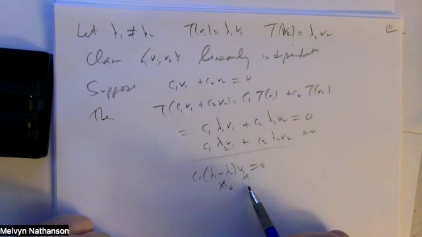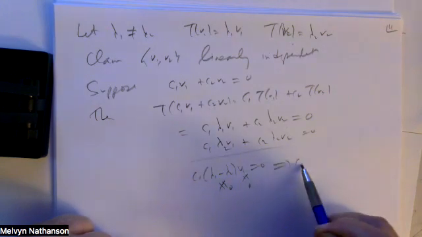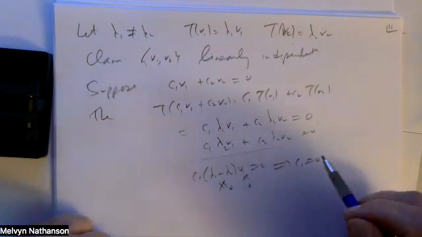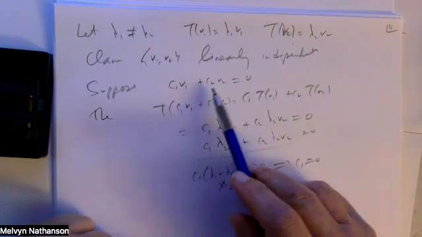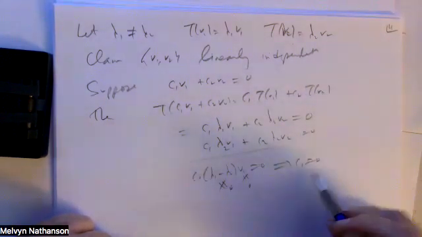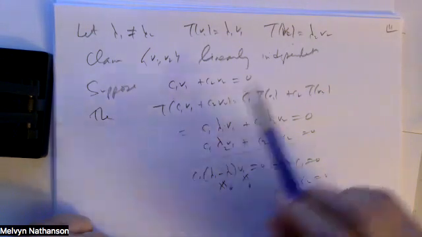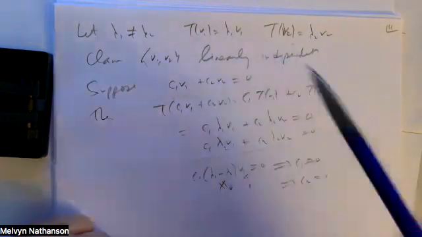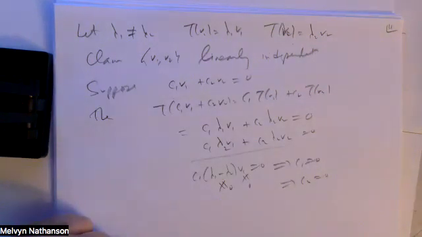V1 is not the zero vector, so C1 has to be 0. And if C1 is 0, V2 is non-zero, so C2 is 0. So if you have the eigenvectors corresponding to two distinct eigenvalues, they're linearly independent.